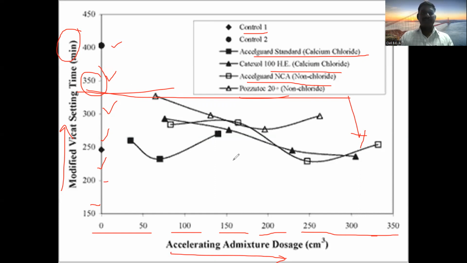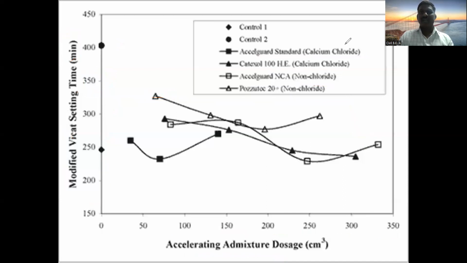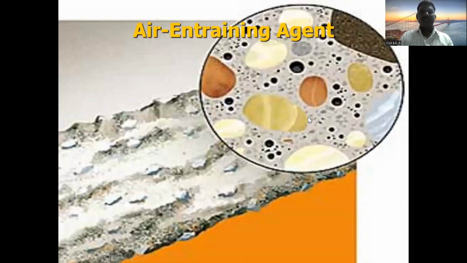This is the graph shown here for all the types of materials or chemicals added into that particular concrete. Are you getting it? We will get early strength, meaning within 5 hours we will get the strength if we add the accelerated admixture. So this is related to the accelerated admixture.